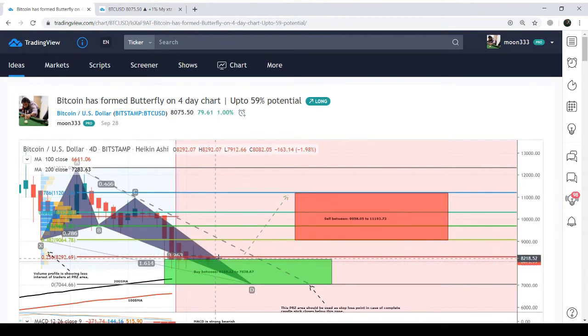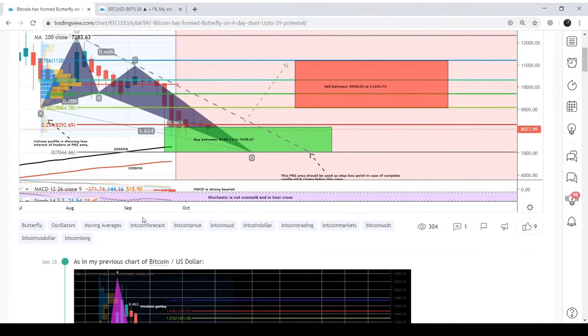One more thing, you can see when I published this chart, the MACD was strong bearish and the stochastic did not give any bull cross. I also mentioned here that the stochastic was not oversold and was in a bear cross at that time.